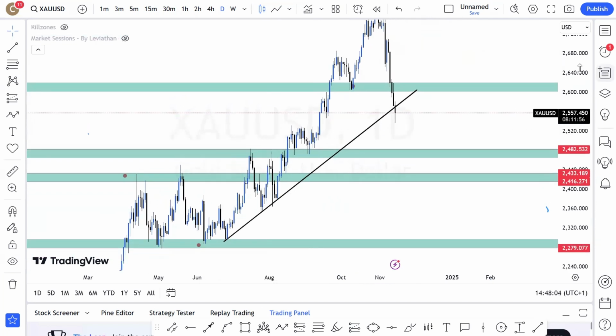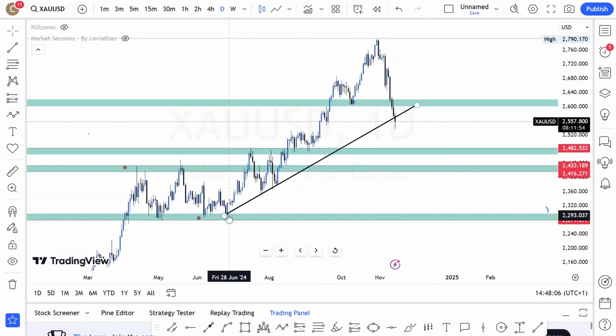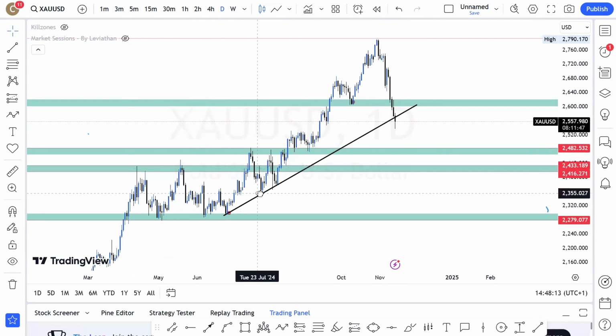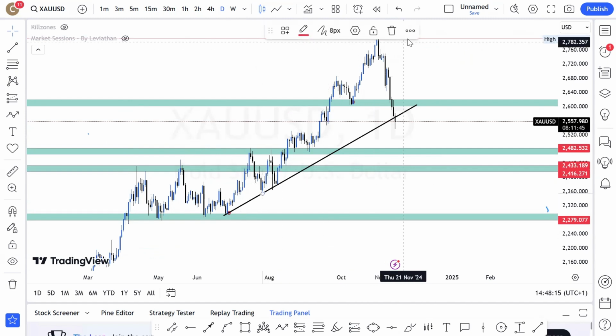Okay, so on this trend line right now, you're seeing this is the first touch, second touch, first touch, second touch, and of course, the third touch was where the market moved from. All right. So on this third touch, the market moved.